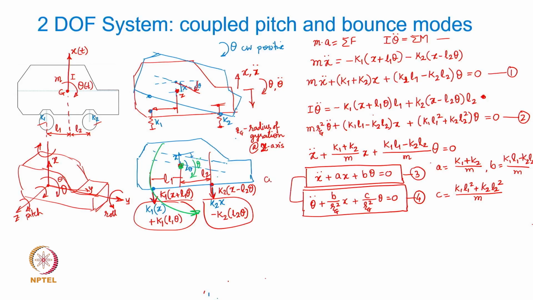Okay, so general motion x or general motion theta is going to be influenced by x as well, or when you have theta there will always be x happening, or when x is happening theta will also happen. So if the car vibrates, it is not only going to bounce, but it is also going to pitch simultaneously. The equations are coupled. These are all coupled equations of motion, and we have seen that in a simple 2 degree of freedom system also, that x1 and x2 were not independent.